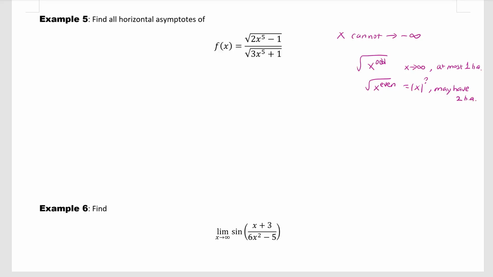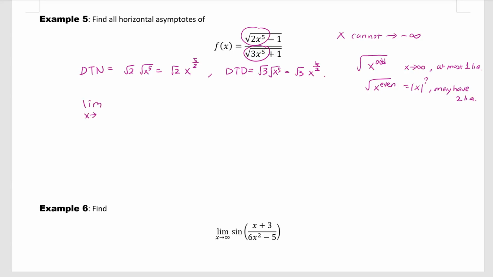The dominant term of the numerator is this guy, square root of 2 and square root of x to the fifth. I strongly recommend you separate the coefficients and the powers of x. Is this 1/5? No, 5/2. And the dominant term of the denominator is square root of 3 and x to the 5/2.